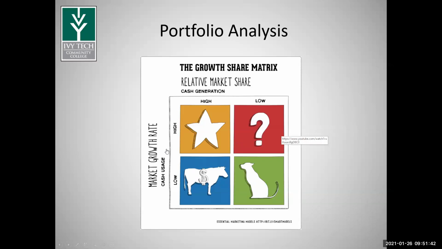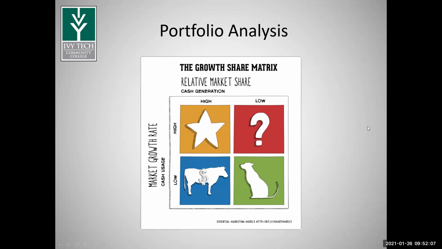If you are in a market that is growing a lot and you have a high market share, those products are called stars. If you are in a market that is growing, but you don't have much market share, that product is typically called a question mark. You don't know how successful you're going to be.